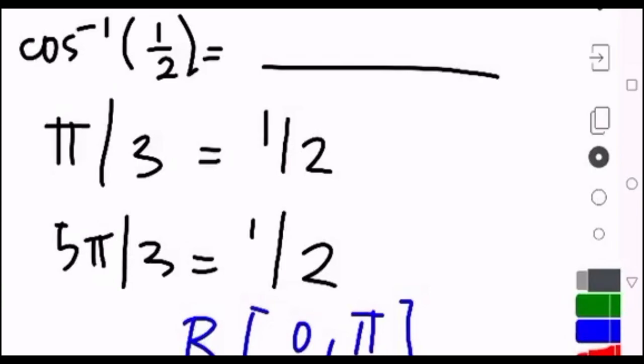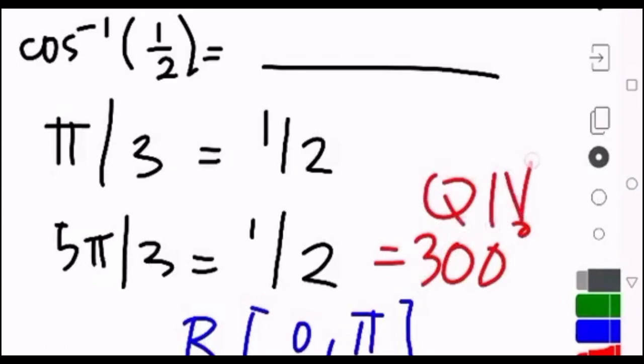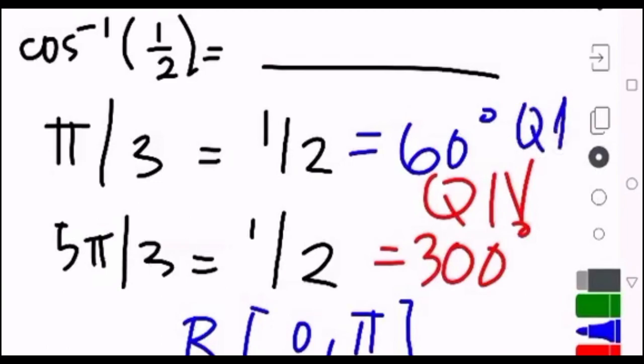In this case, 5 pi over 3 is equal to 300 degree, so it lies in quadrant 4. While sa pi over 3, ito ay equal sa 60 degrees, so naglalay siya sa quadrant 1. So, ang final answer for the arccos 1/2 is pi over 3.